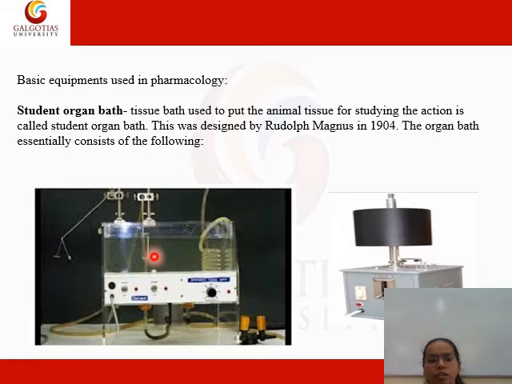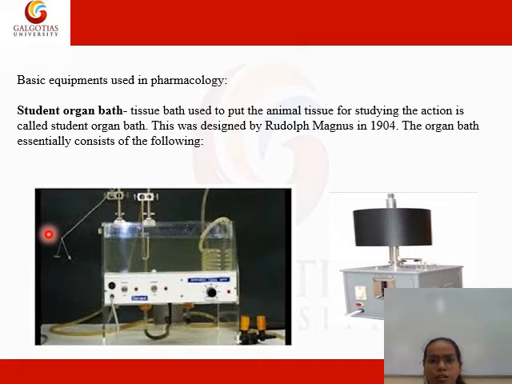There is a recording lever present, also known as the writing lever. The simple lever is present in different forms. It is the simplest type of lever, made up of wood, stainless steel or aluminium.